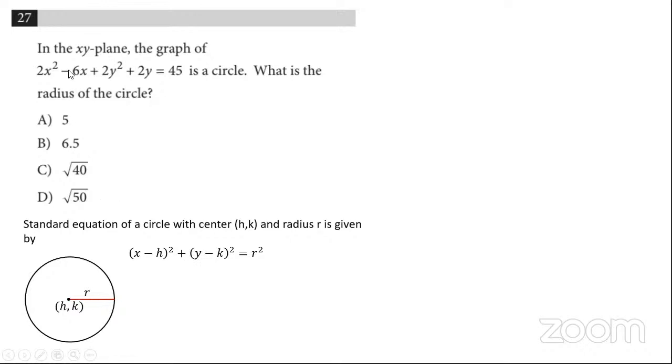So we have to transform the given equation to the required standard form so that we can find the radius. So this is our equation. We will divide it throughout by 2 so as to make the coefficients of x square and y square 1. Are you guys following?